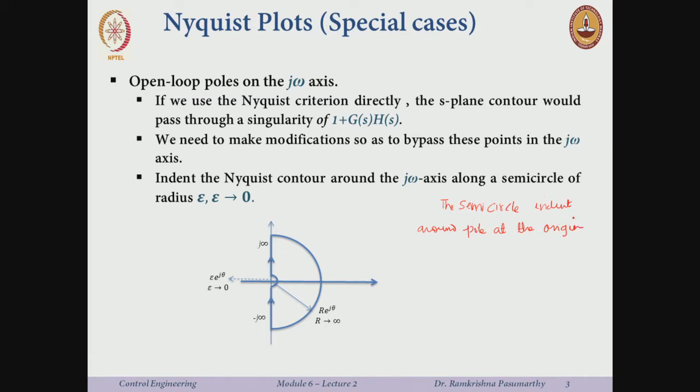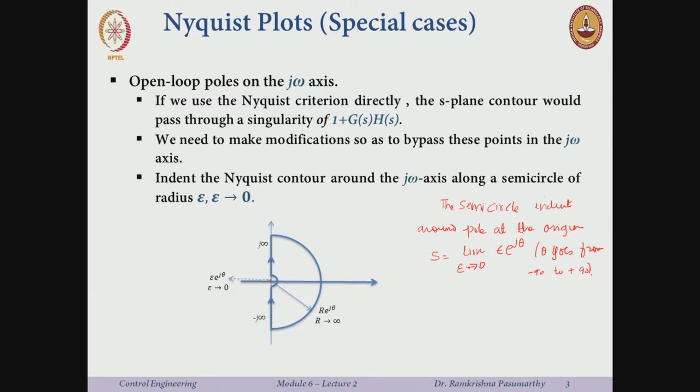If this is a pole at the origin, I draw a little semicircle, and S would now look like the limit as epsilon goes to 0 of epsilon e power j theta, as theta goes from -90 to +90. Then we will put this back here and see how the plot looks.